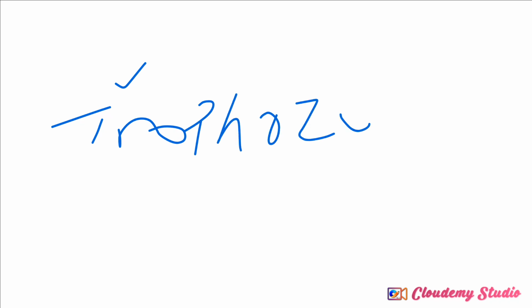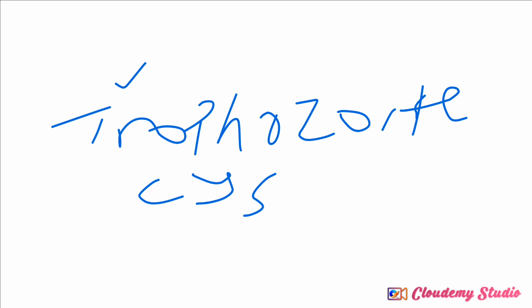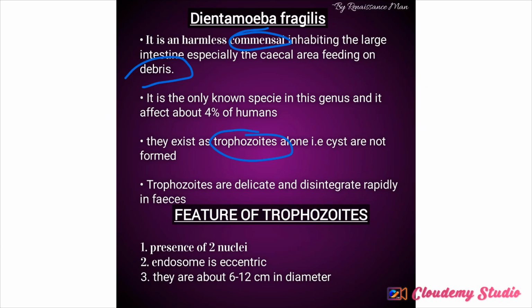So we have two forms, the trophozoite form and the cystic form. But Dientamoeba fragilis can only exist as a trophozoite. They don't exist as cysts, and they are delicate, and they disintegrate rapidly in feces. That is where they got their name, fragilis, something that is fragile.